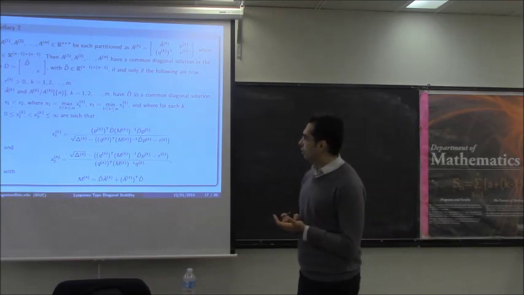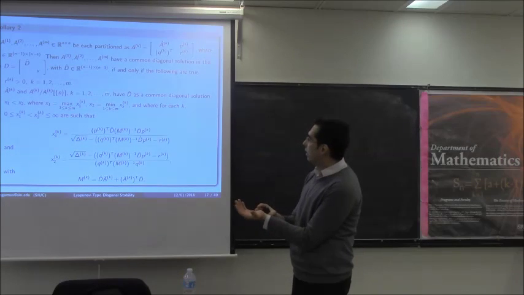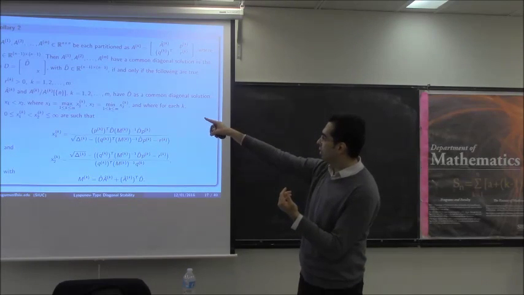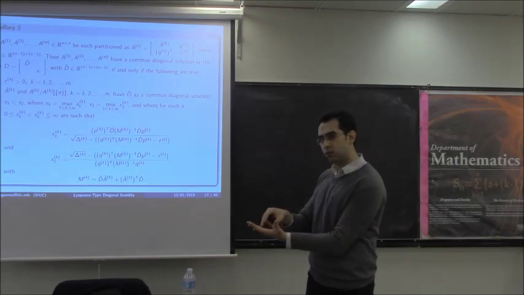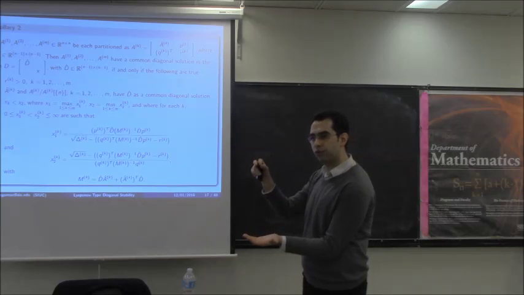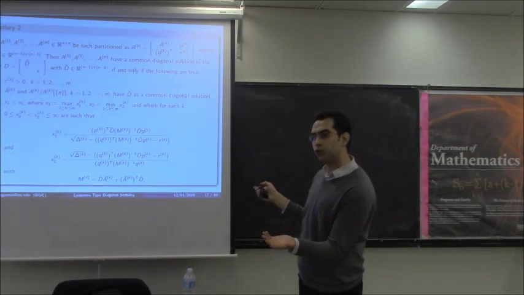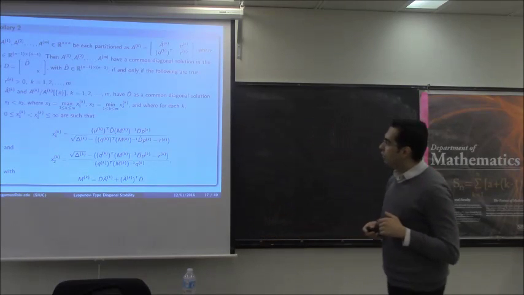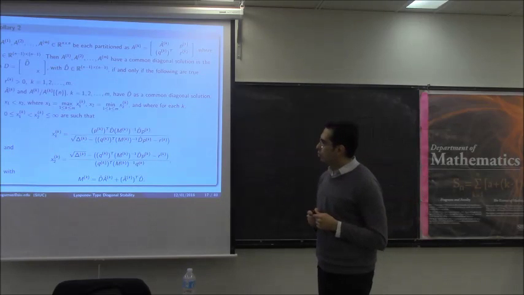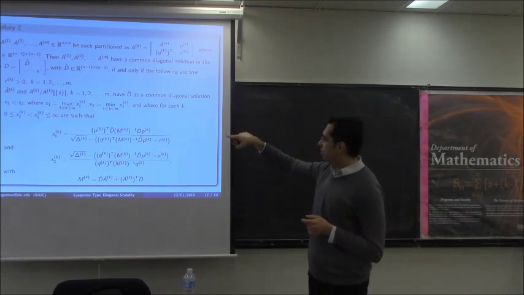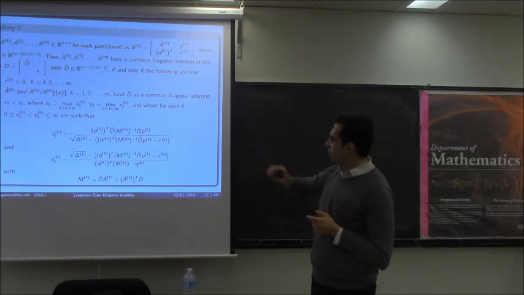The second condition is that the submatrix A hat k and the relevant Schur complement of A n in A_k, coming from all of these matrices, should share a common diagonal solution. On the other hand, we need a third condition, which is similar to the solution of X. So we need to satisfy that here.